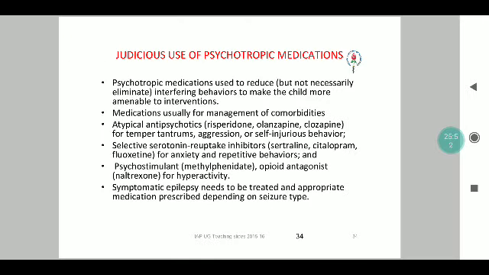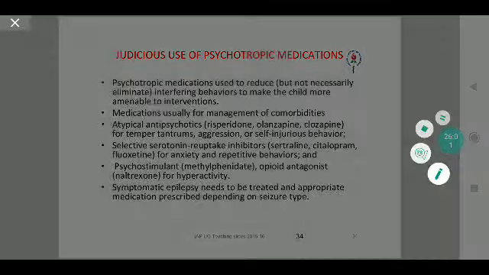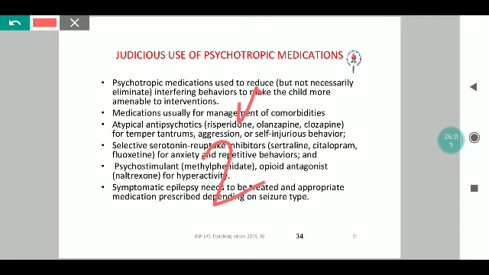As far as all the psychotropic medications are concerned, as I was saying, it is only a second line therapy. And as a second line therapy, it is only for supportive measure but cannot replace the face-to-face interaction of a parent with a child.